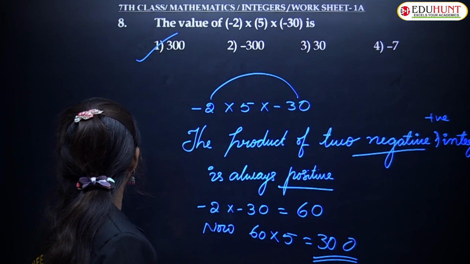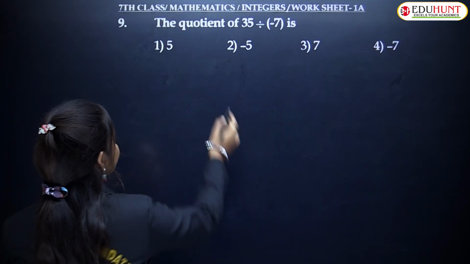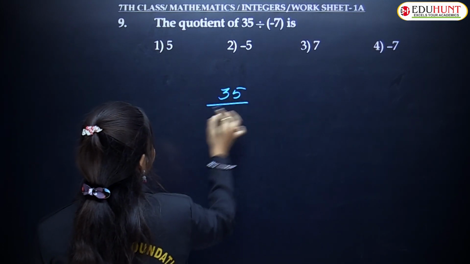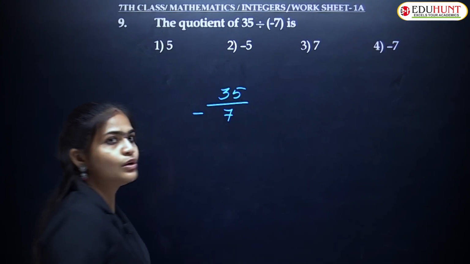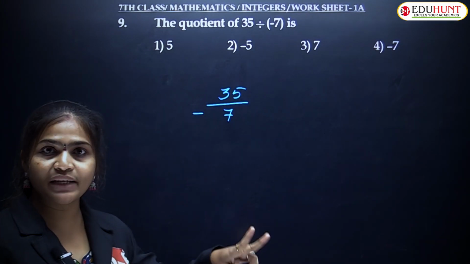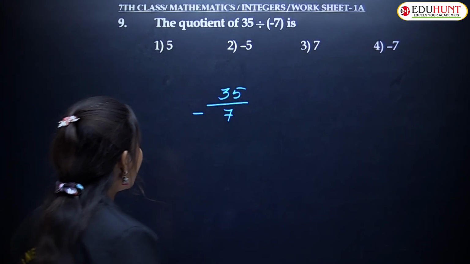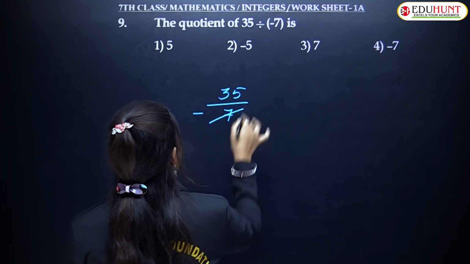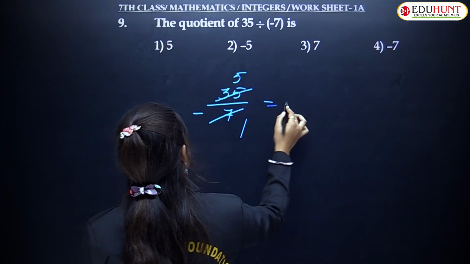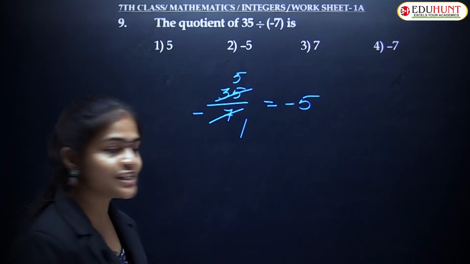Okay. Let us see the next question. What is the quotient of 35 divided by minus 7? Here the quotient of one positive integer and one negative integer is always negative. As per that condition, 7 fives are 35. So the answer is minus 5. Why? Because what is the condition here?